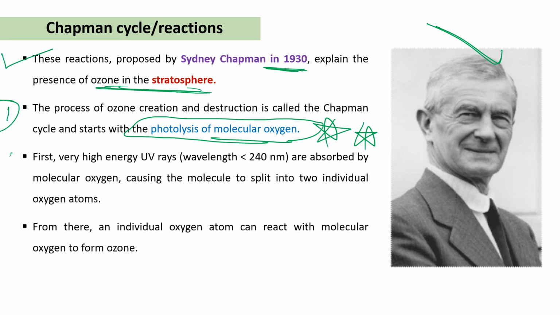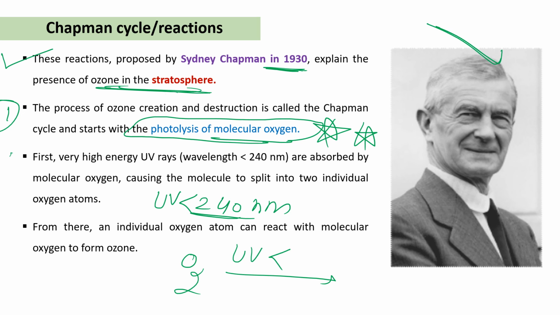So at an earlier stage, UV radiation of wavelength less than 240 nanometer is absorbed by the oxygen molecule, and this oxygen molecule splits into two oxygen atoms.